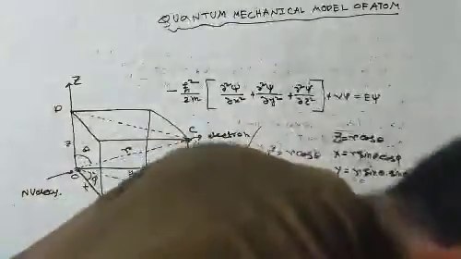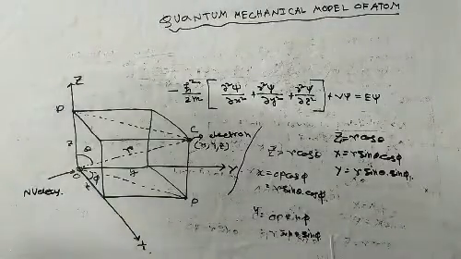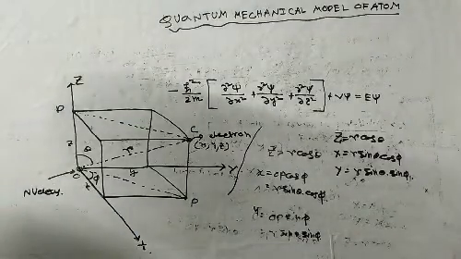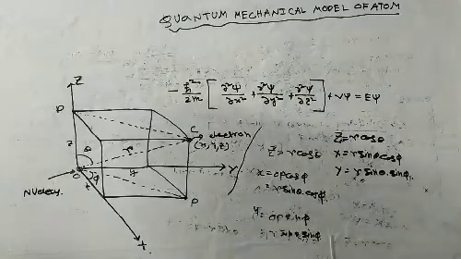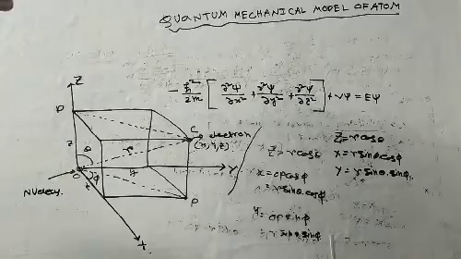So how are we getting this? I am considering a cubic region, and in this cubic region, at one corner I am considering the nucleus, and at the opposite corner along the body diagonal I am considering the electron is present.